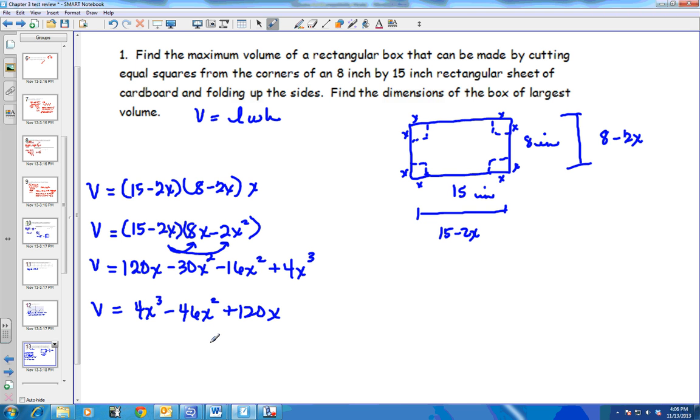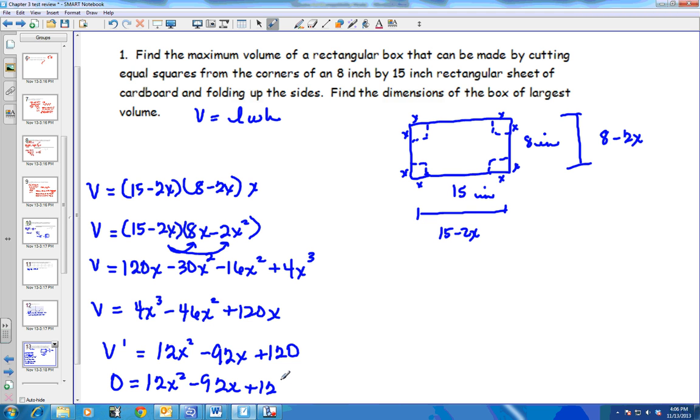Now I'm going to find the derivative of that. So V prime equals 12x squared minus 46 times 2, 92x plus 120. So I need to set this equal to 0 and solve. Since it's a quadratic equation, I can solve that lots of ways.